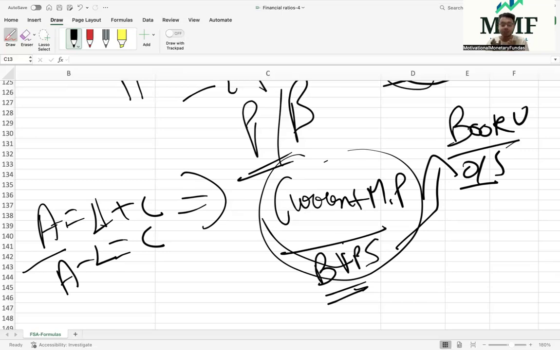But you can compare HUL with ITC and Marico. You can compare TCS with Infosys or Wipro or Mindtree, right? So the basic principle of finance or valuation is consistency in the principle of relative valuation. That is, your target company should be analyzed in conjunction with other companies in the same sector only to have a realistic comparison, correct?